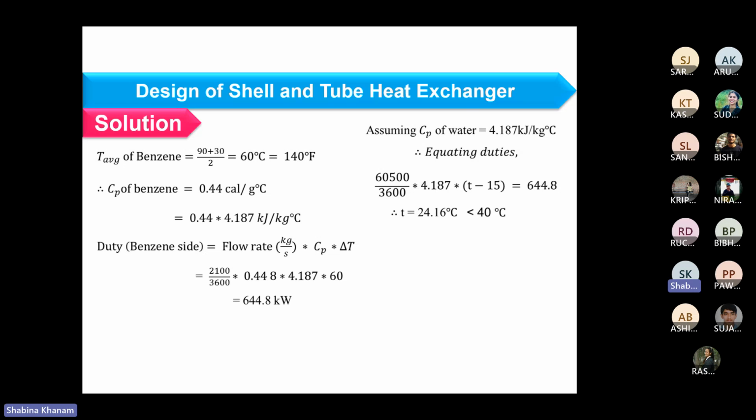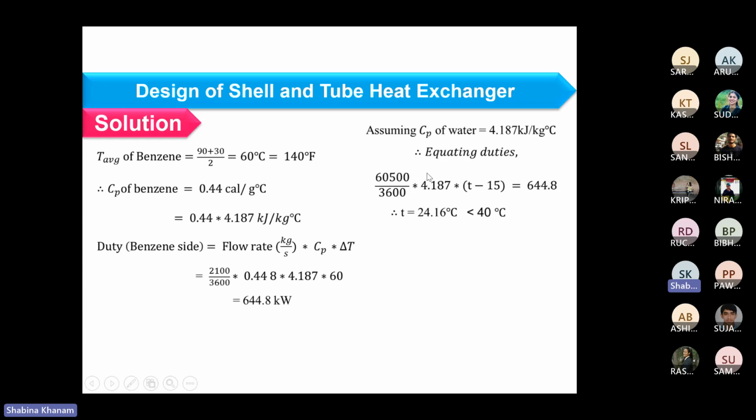If you have any fluid for which the CP value is not known, you need to assume a value of CP, make the balance, calculate the outlet temperature, and then with this outlet temperature and inlet temperature you calculate the average value, and at that average value you find the specific heat value, and then compare that specific heat with the assumed value.